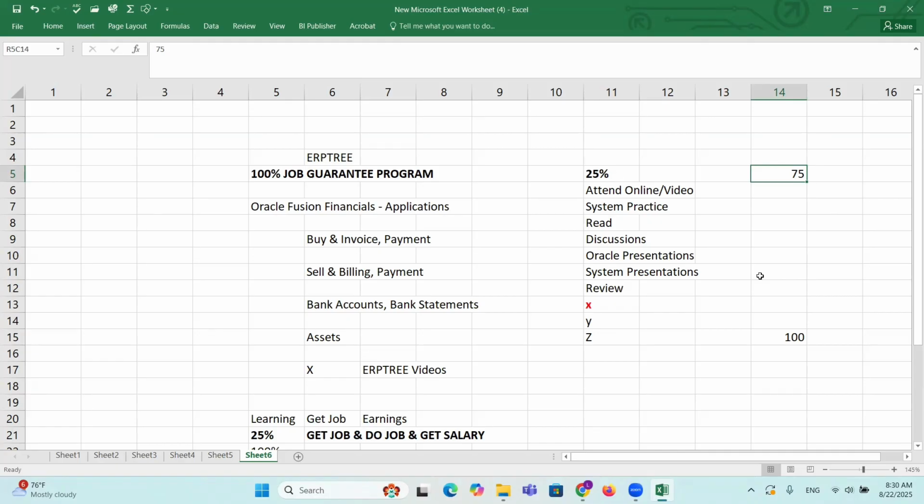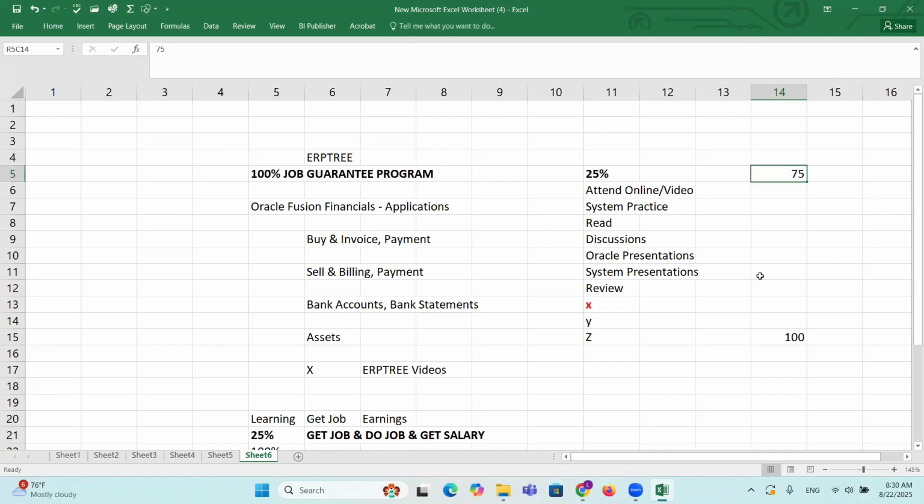If you just go through the classes or watch the videos, if you create the feeling, it doesn't work. That will make you struggle if you get the job. Even if you get the job, you cannot perform the work. Your learning is limited to 25% with respect to application. 75% of the application you don't know.